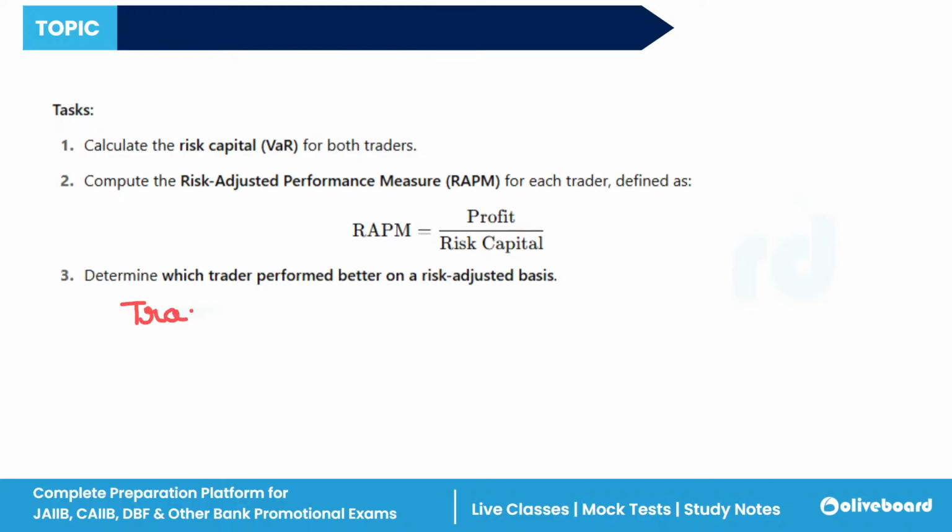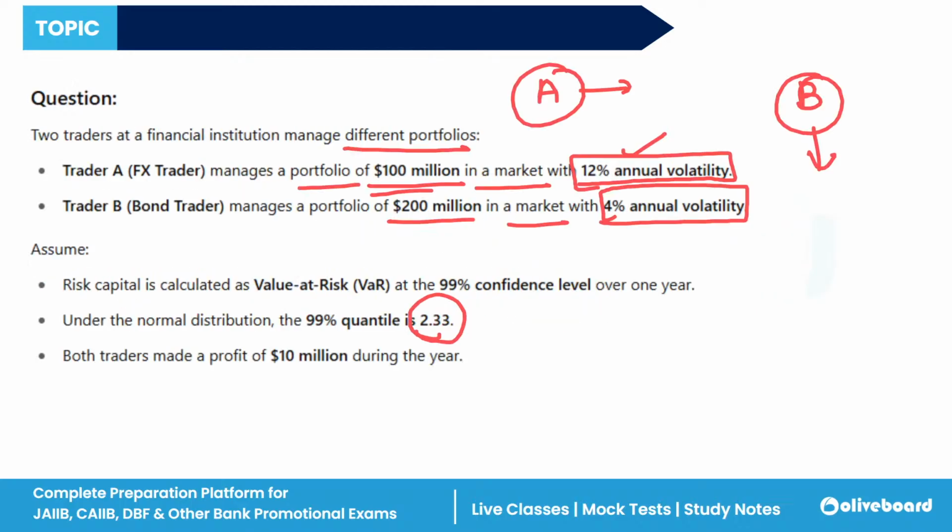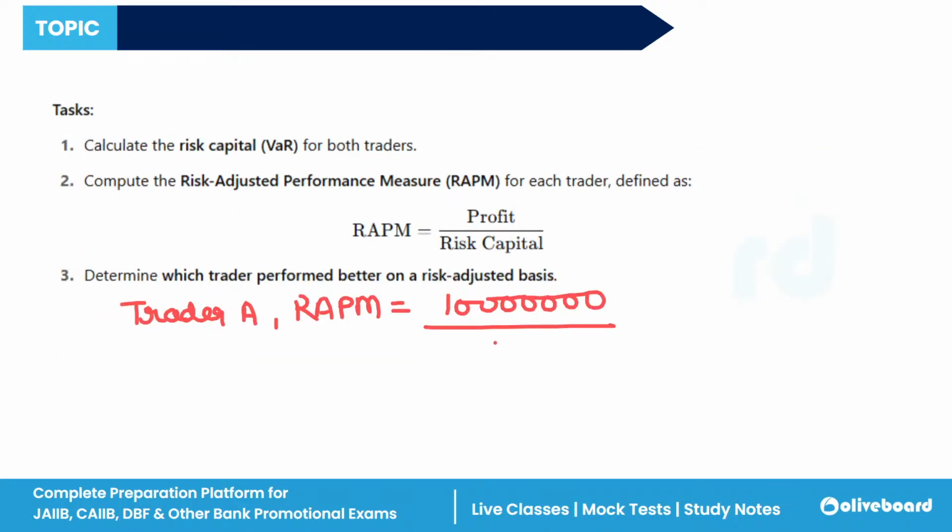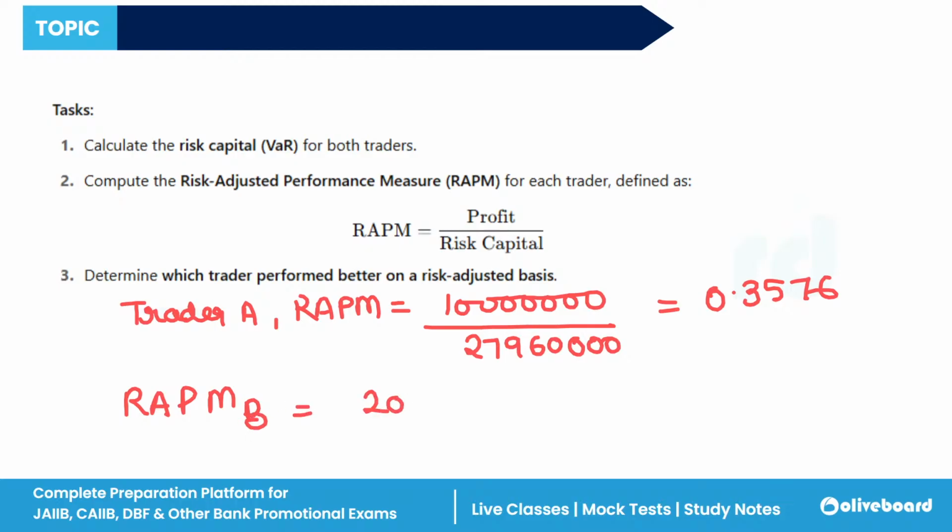For trader A, RAPM is equal to 100 million divided by risk capital, which we calculated as about 27960,000, which is equal to 0.3576. Then RAPM for trader B is equal to 200 million, right?